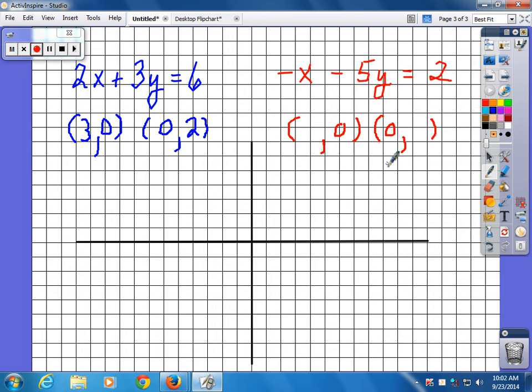How about over here? If I plug in 0 for y, be careful. I'm going to just put my pencil over that x because it goes away. What are you going to get? -2 what? Divided by 5.